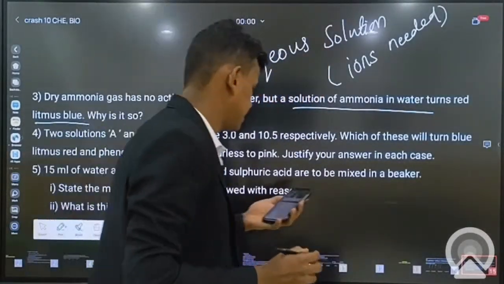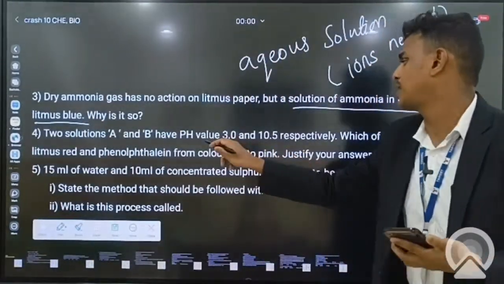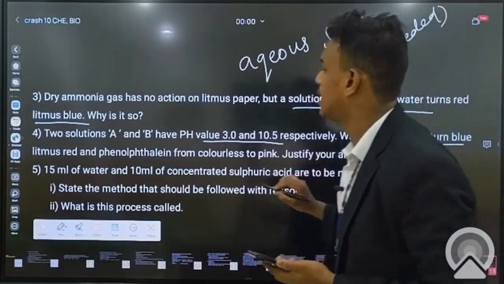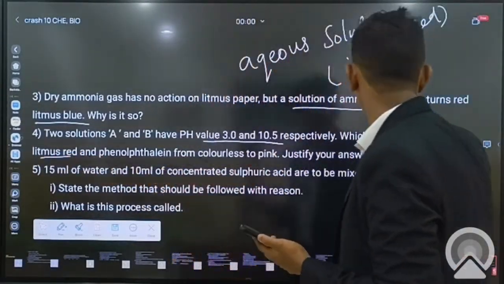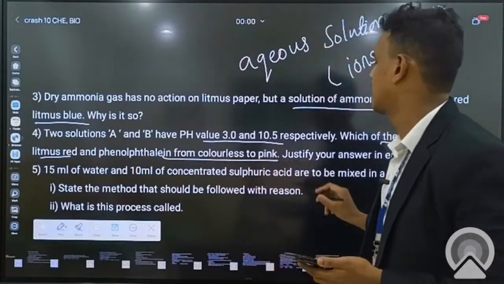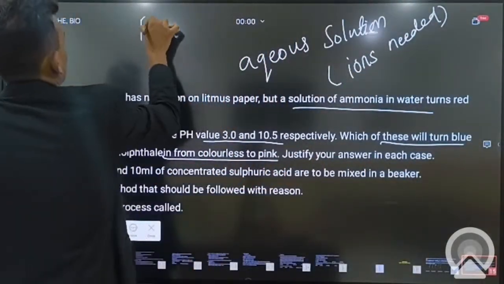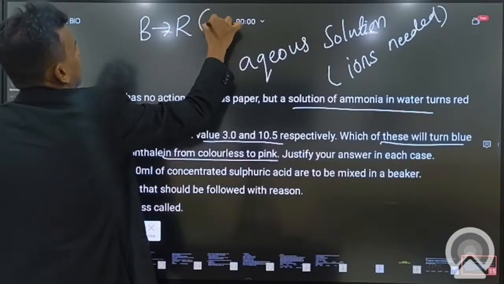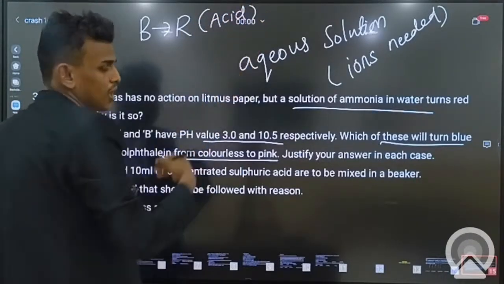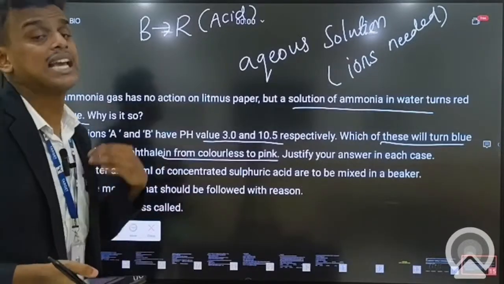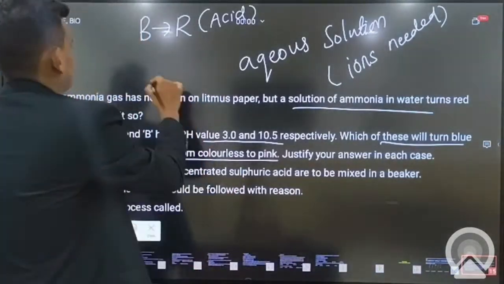Then two solutions A and B have pH 3 and 10.5. Which of these will turn red litmus blue, blue litmus red, and phenolphthalein from colorless to pink? Blue to red conversion means what? It is acid. What about phenolphthalein, colorless to pink?